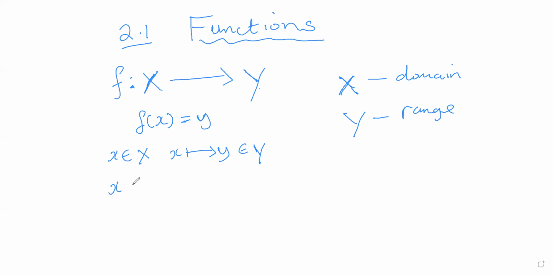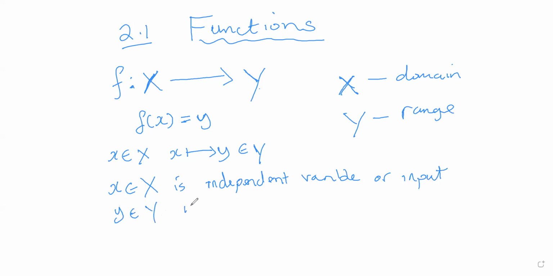So small x, which is an element of capital X, is called the independent variable or the input, while small y, element of big Y, is called the dependent variable because it depends on x, or the output.